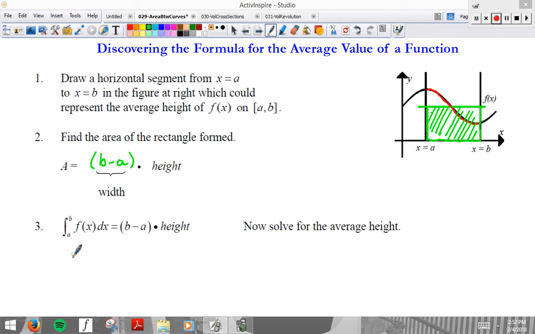Now, in this next line, what happened was I replaced the area with this definite integral, which again represents the signed area between a and b, between the function f of x and the x-axis. Let me shade in what that represents, because why should these two be equal?